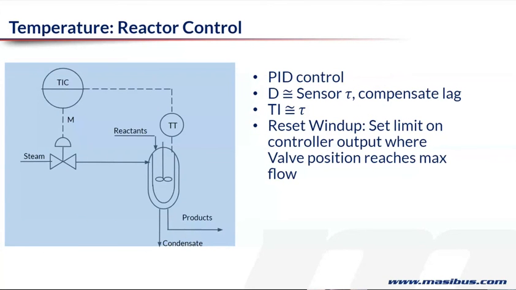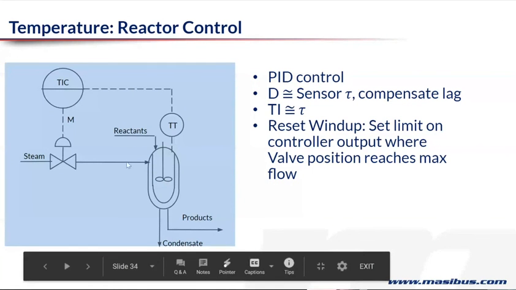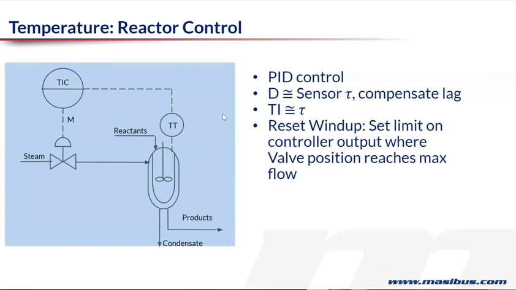For temperature, now temperature generally is a slightly tricky parameter. Here we are looking at, say, a reactor which is being heated by steam, and for temperature, generally, universally, you will have to use all three terms.